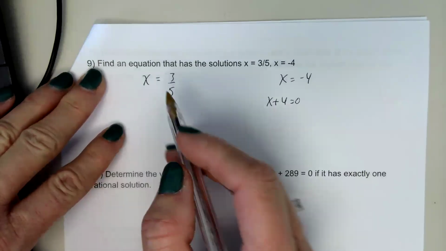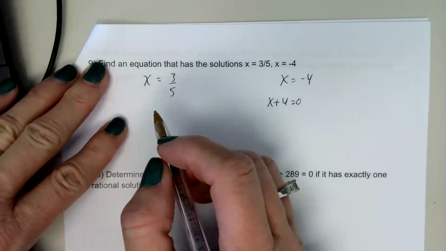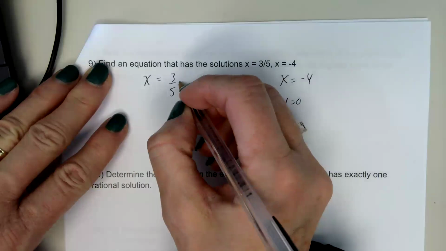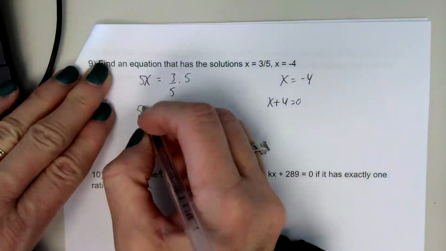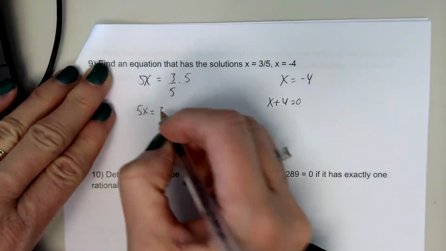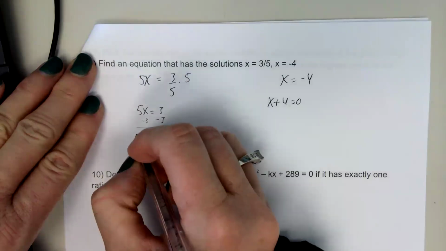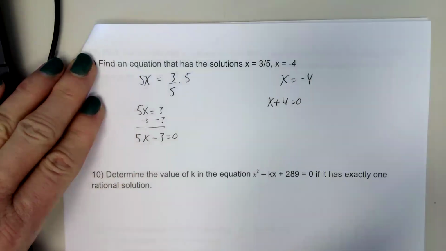Now, for the one over here, we can't just add 3/5 because we want a binomial of all integers. So we're going to start by multiplying both sides by 5, and then subtract 3. So we'll have the binomial 5x minus 3 equals 0.